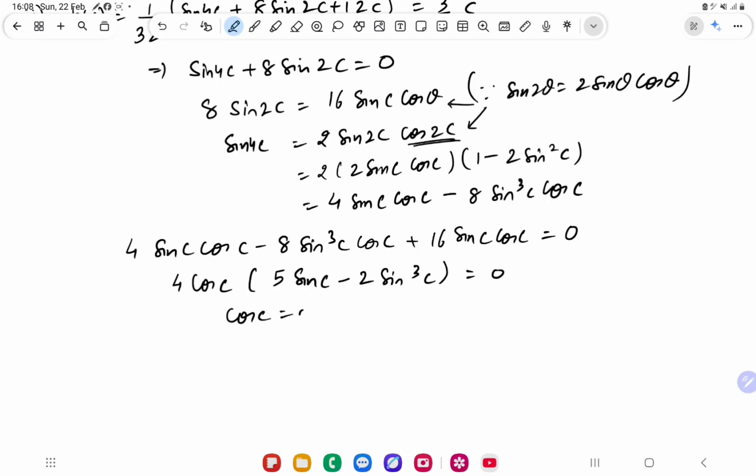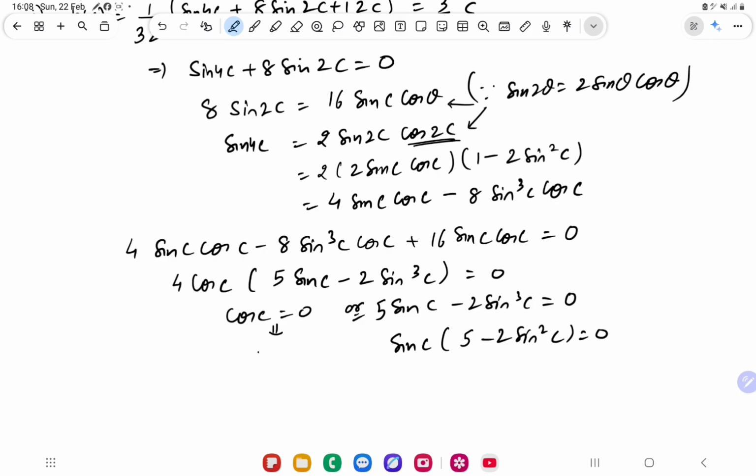It means either cos c is 0 or 5 sine c minus 2 sine cube c is equal to 0. So from here I can take sine c common, so 5 minus 2 sine square c is 0.